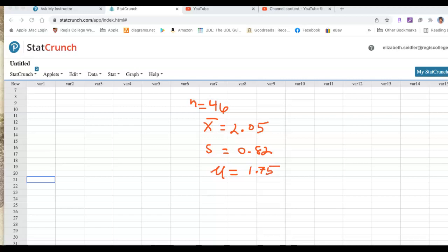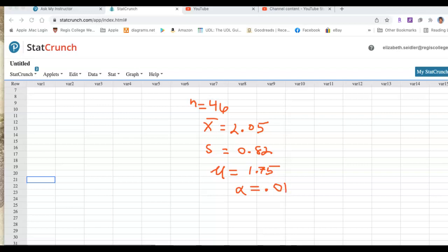And the question is, do the sample data indicate that these coyotes, which happen to be in the northern region of Minnesota, tend to live longer than the average age of 1.75 at alpha equal to 0.01?